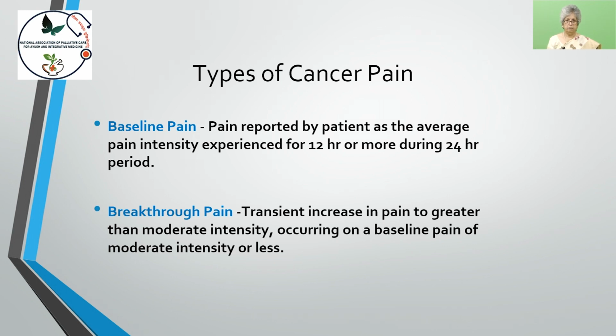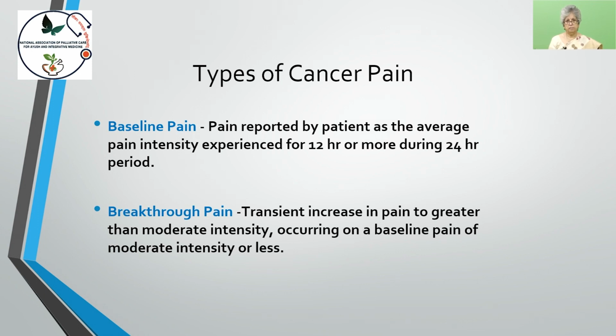Cancer pain can be of two types: baseline pain or continuous, some constant pain the patient will experience throughout 12 hours or 24 hours, that is called baseline pain. But intermittently this pain will increase suddenly.